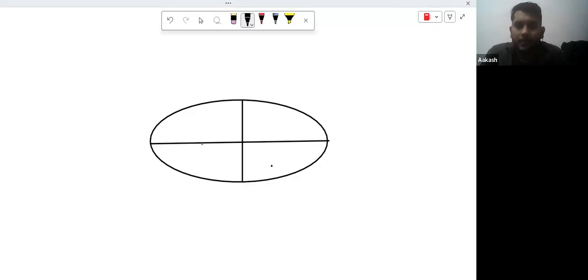These are the foci, F1, F2. The coordinates of the foci are c, 0 and minus c, 0. Just remember this. And the vertices are a, 0 and minus a, 0.